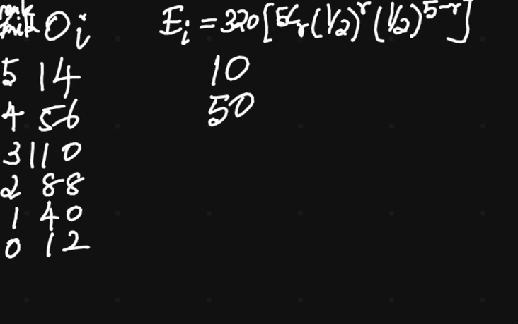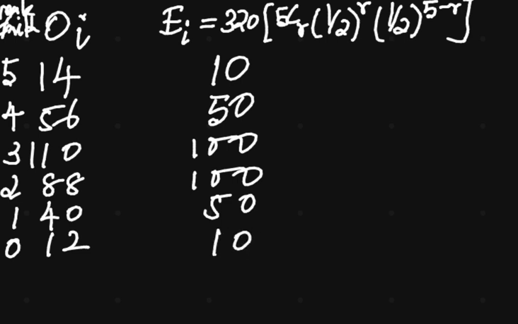If r is equal to 3, you get 100. If r is equal to 2, you get 100 again. If r is equal to 1, you get 50. And if r is equal to 0, you get 10. This is our expected frequency.